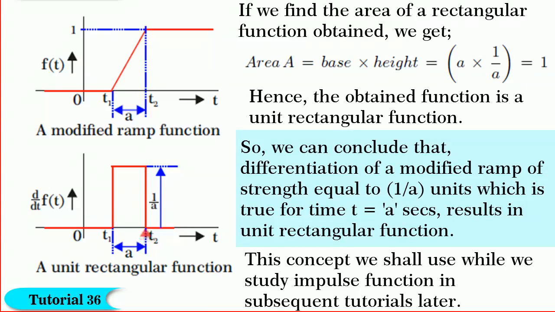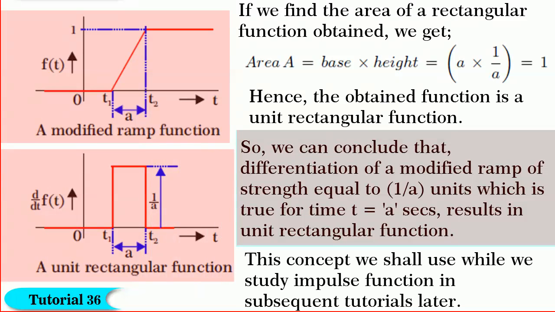And after t2 seconds, again the differentiation of f(t) is 0 because f(t) is constant, equal to 1 unit after t2 seconds. You may note that. So, d/dt f(t) of the entire function results in a rectangular function as shown in the figure.